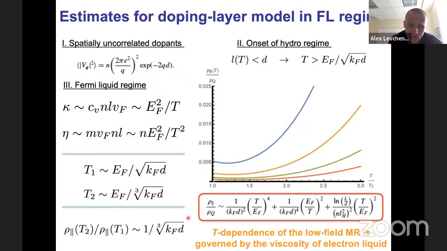The numbers are in the right ballpark. So here I simply want to say that you could think about this transport data in these hydrodynamic terms, and perhaps this provides a new understanding and a new way to interpret the data.